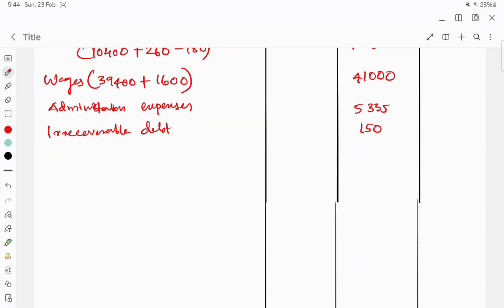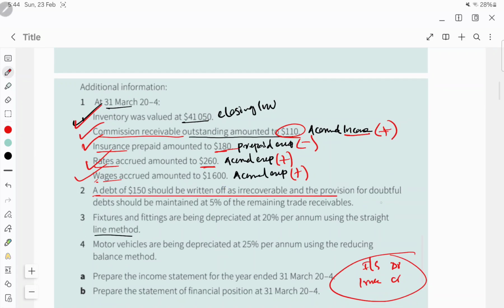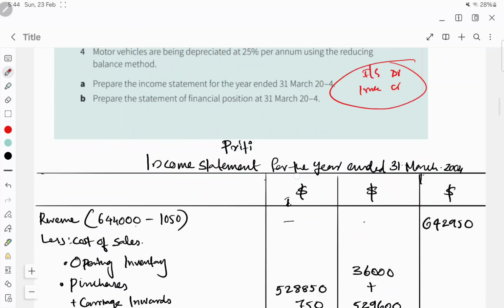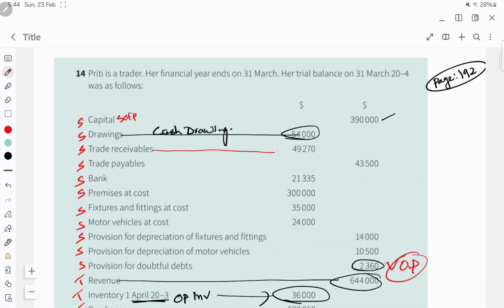Apart from that, we have to create provision for doubtful debt. See here, a provision for doubtful debt should be maintained at 5% on remaining trade receivables. So we have to consider the trade receivable here, 49,270.